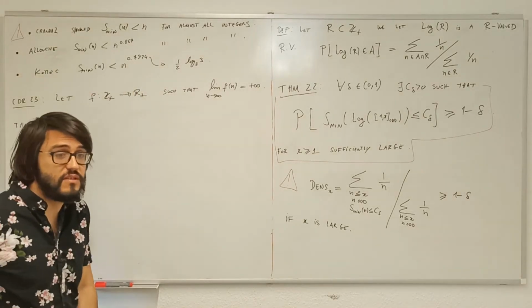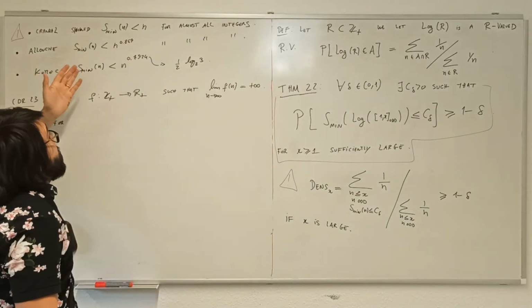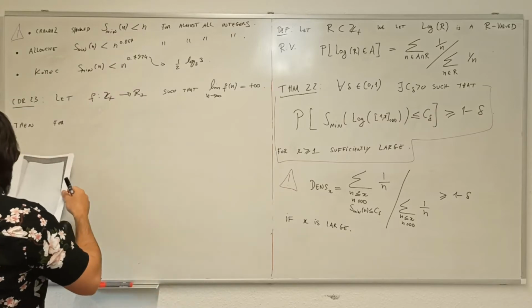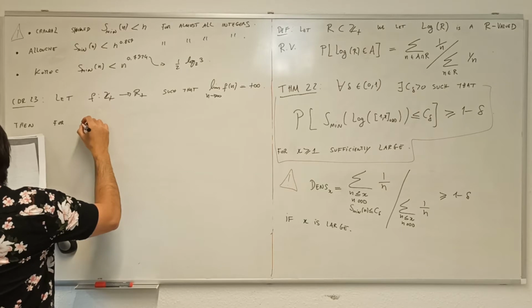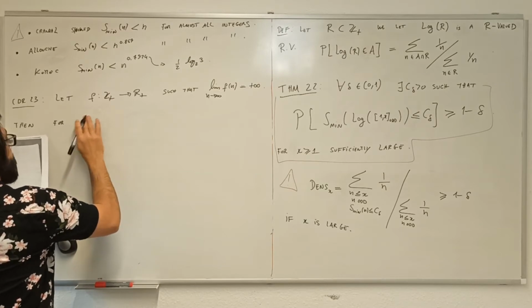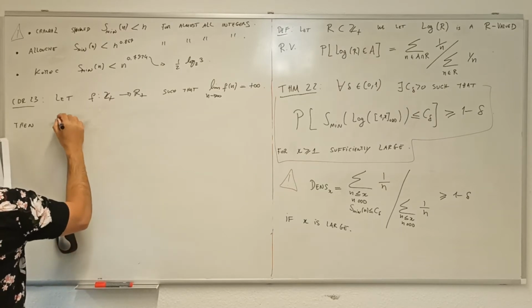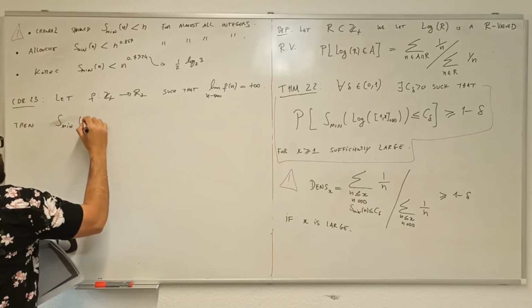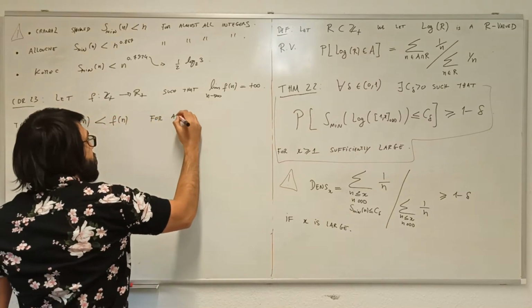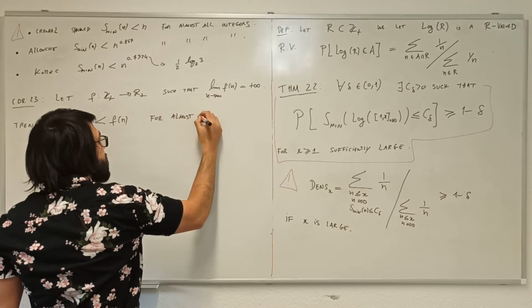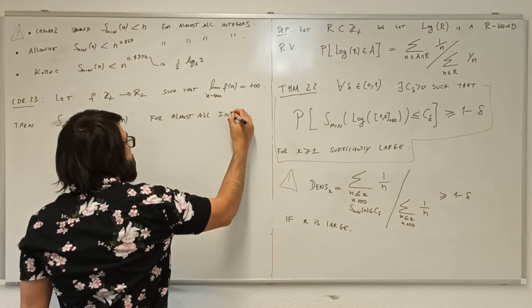What Tao does, he just completely destroys everything here and proves something much better. So S min of n will be less than Fn for almost all integers.